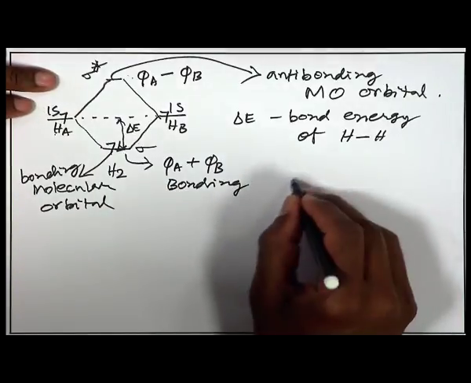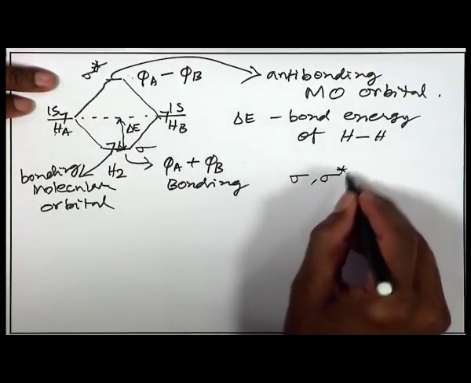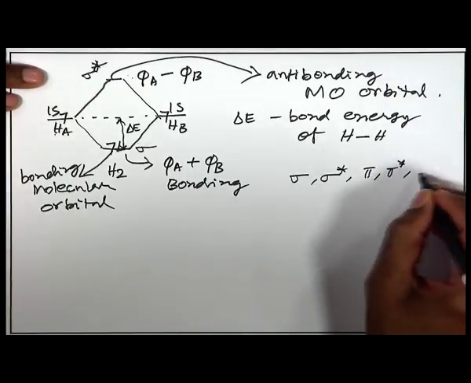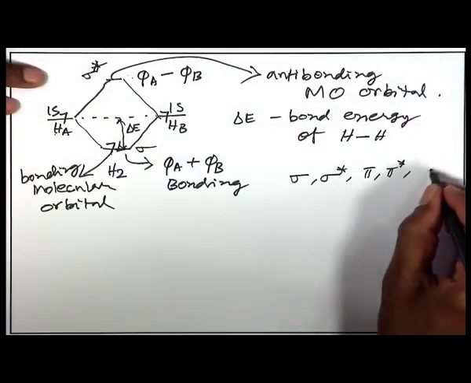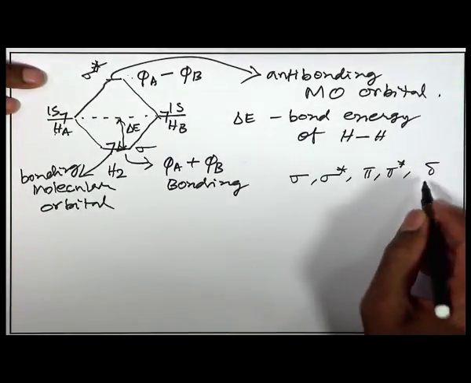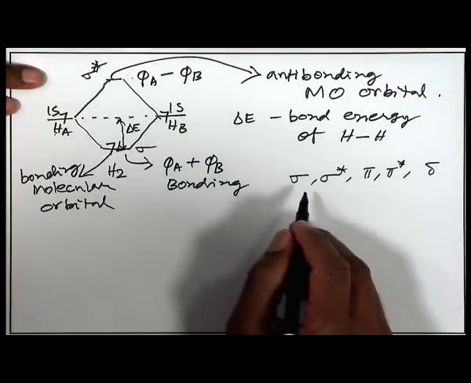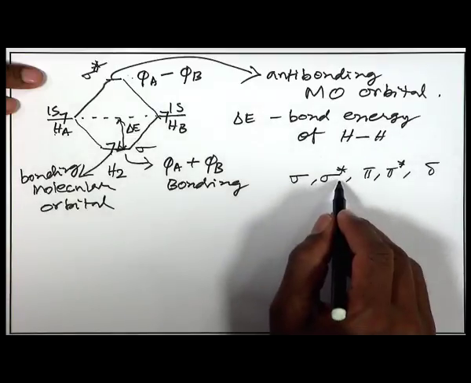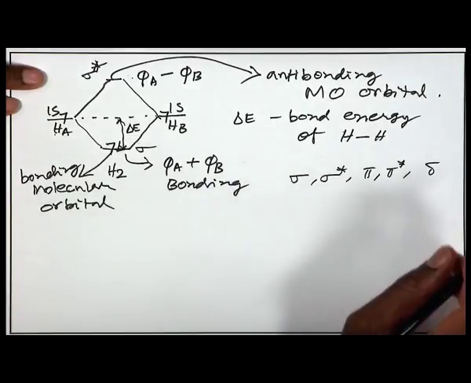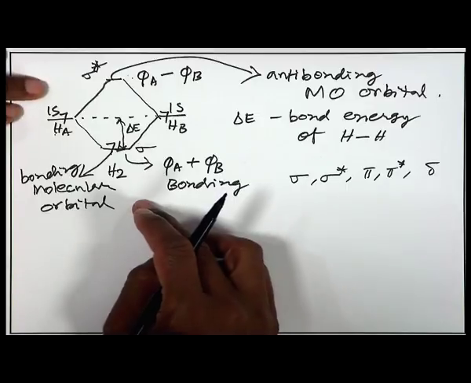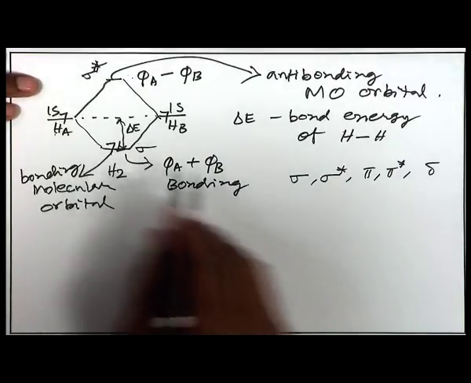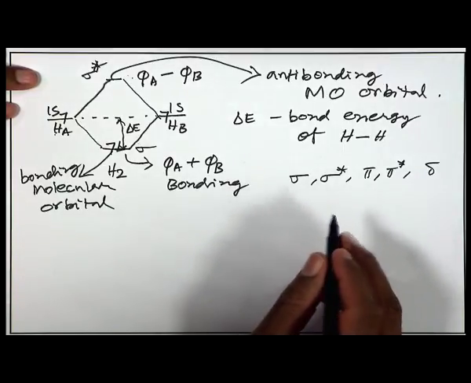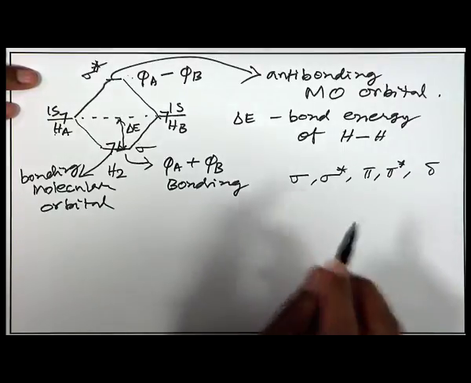So, you have a sigma orbital, sigma star orbital, then you have pi orbital, pi star orbital, and then you have delta orbitals. Okay, you can have that, we are not going to see it. So, you have 1s, 2s, 2p, like that you have sigma, sigma star, pi, pi star molecular orbitals in molecules. Their energy levels are filled by following Pauli's exclusion principle and Hund's rule of maximum multiplicity.